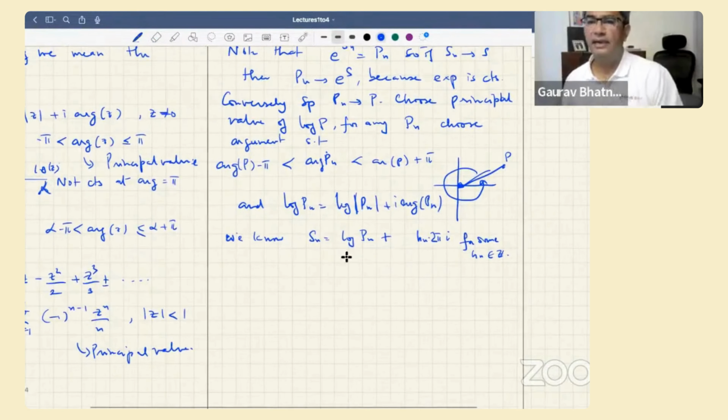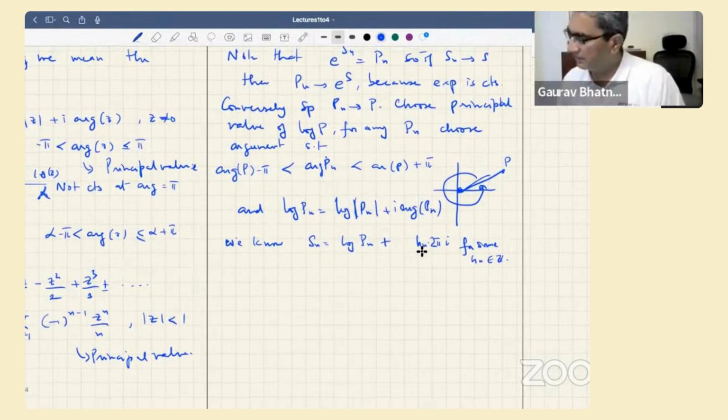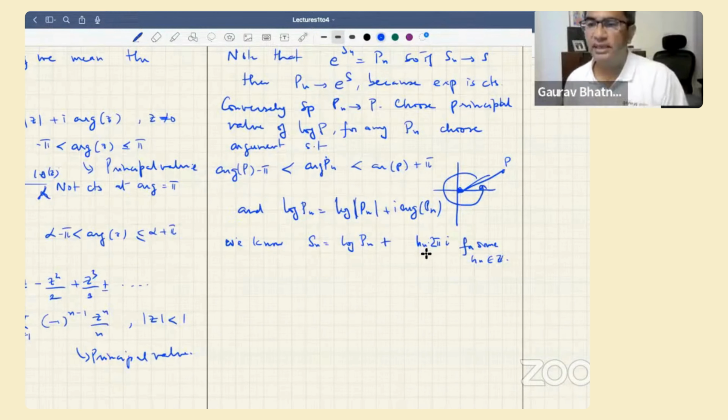So they differ by some integer h_n, and what we want to show essentially is that h_n converges somehow.